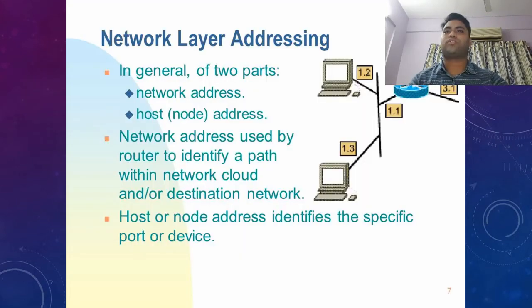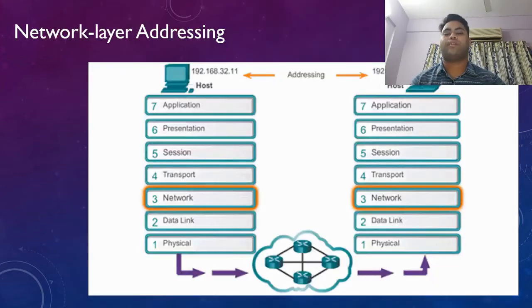Network layer addressing in general has two parts: the network address and the host or node address. The network address is used by the router to identify a path within the network cloud and/or a destination network. The host or node address identifies the specific port of a device. So this is network layer addressing.